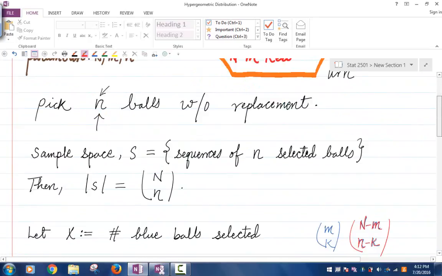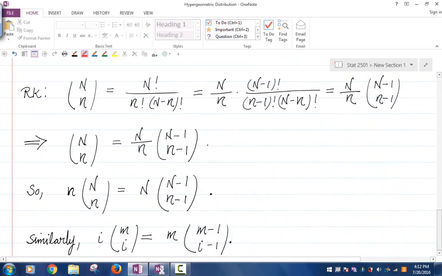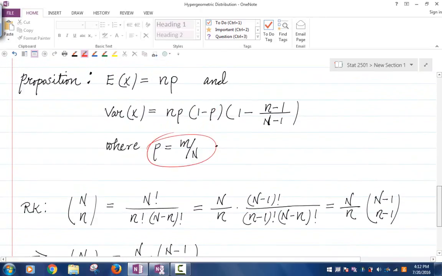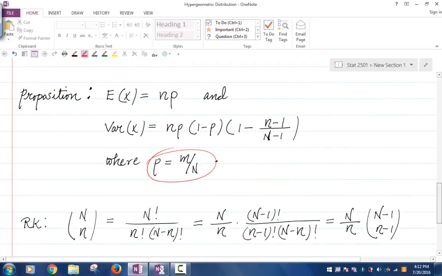Okay, so next what I want to do is show you how to derive the expectation of x. In order to derive the expectation of x, I want to start out by making a remark. Notice that the binomial coefficient capital N choose small n is capital N factorial over small n factorial times capital N minus small n factorial, and capital N factorial can be written as capital N times capital N minus 1 factorial, and small n factorial can be written as small n times small n minus 1 factorial.